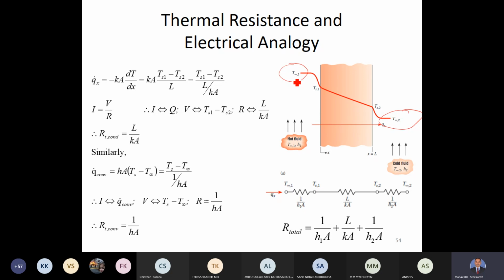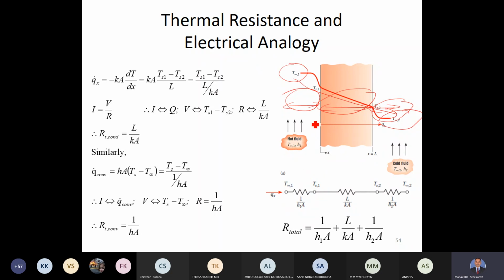This is the direction of heat flow, and for the heat to flow, it has to overcome the convection resistance, overcome the conduction resistance, and there is a convection resistance again. So you can see there are three resistances connected in series, one after the other. This is represented as the electrical analogy or the electrical network.